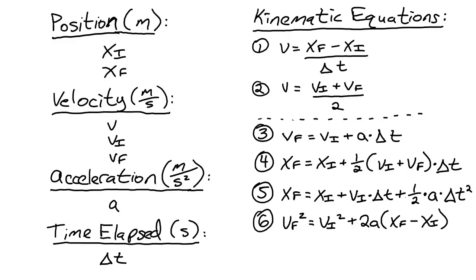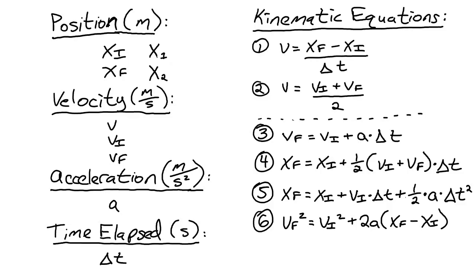The thing that I really want to point out is, maybe your teacher doesn't explain it exactly like this using xi and xf, vi and vf. Maybe your teacher actually uses x naught and xf, or just x naught and x. Or, I've never really seen this, but maybe your teacher says x1 and x2.